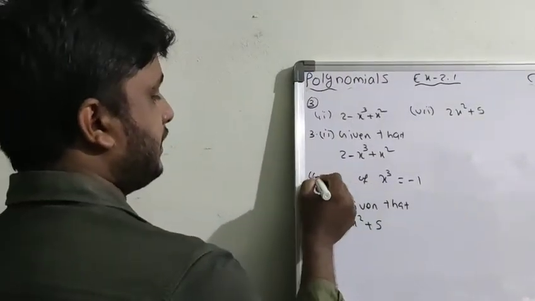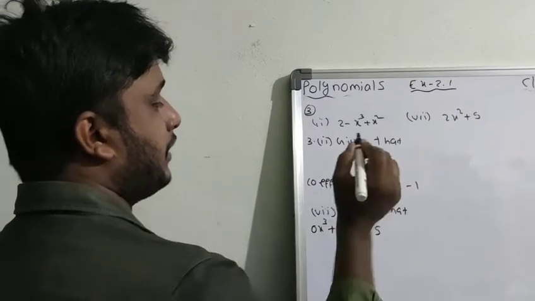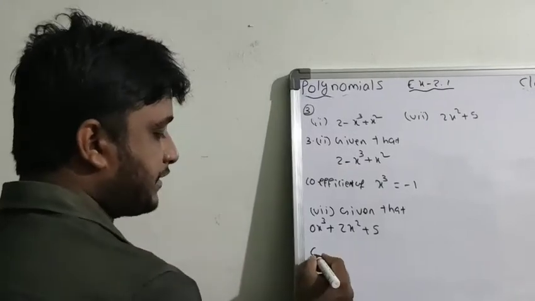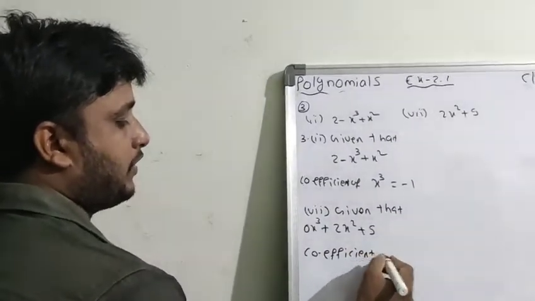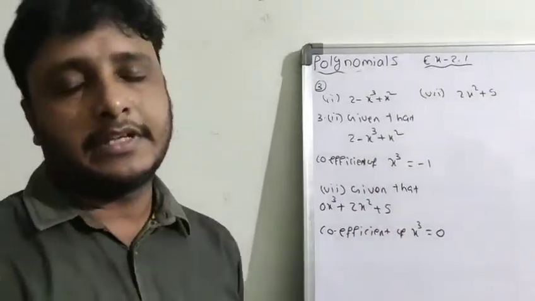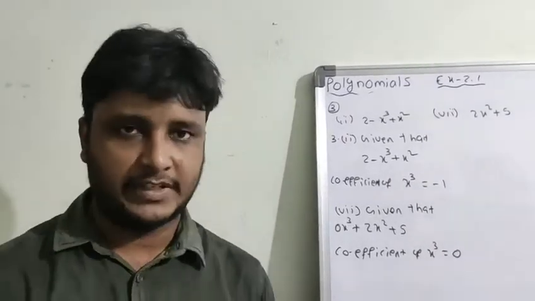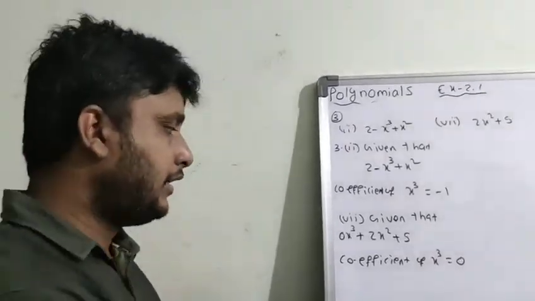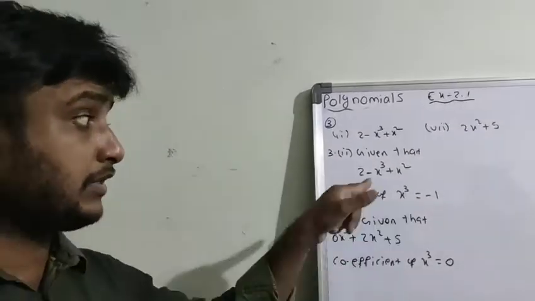The coefficient of x cube is equal to 0. Simple thing: if there is no term, then the coefficient of that missing term is always 0, because 0 times x cube is always 0.